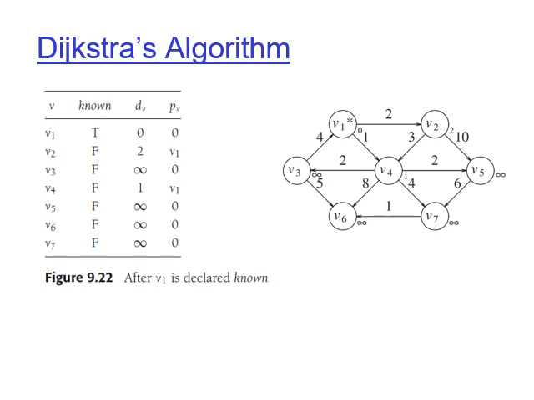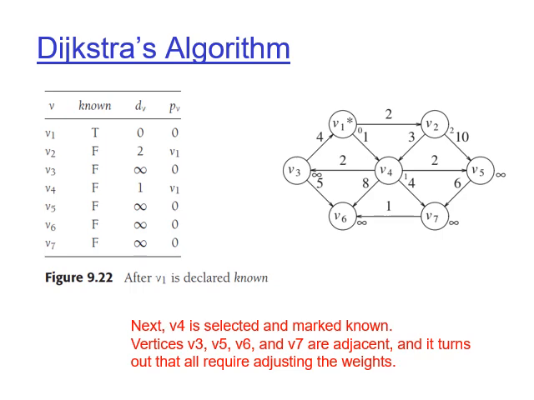And for V4, the shortest path weight is 1 with respect to V1, which is our source node, right? Now, as I said earlier, V4 will get selected. Why?